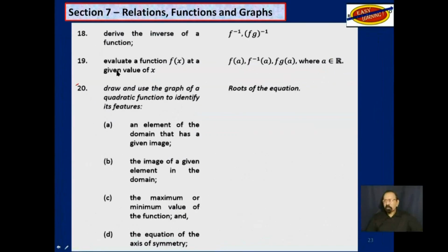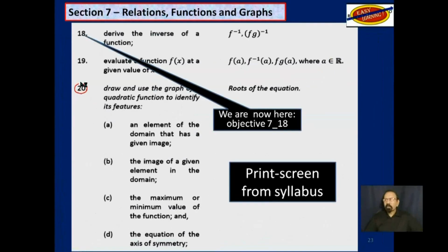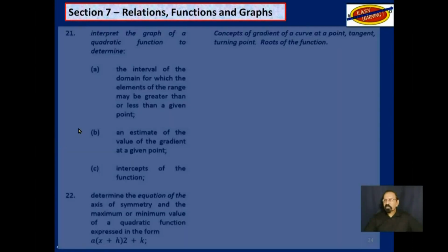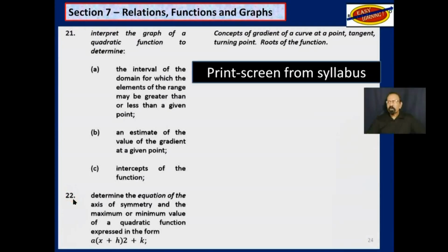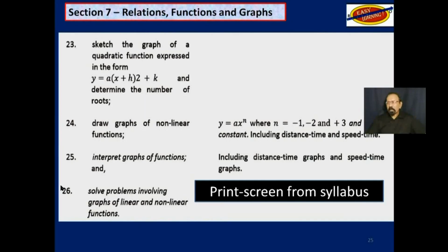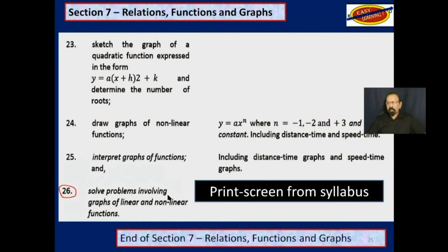This page, up to objective 20, well, we are now at objective 18. A brief preview of how far we need to go with this section tells us that that's objective 22, and then we need to reach objective 26 to complete this section, section 7. So you know where we are and where we need to reach.